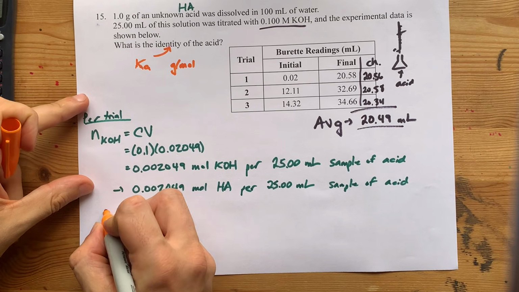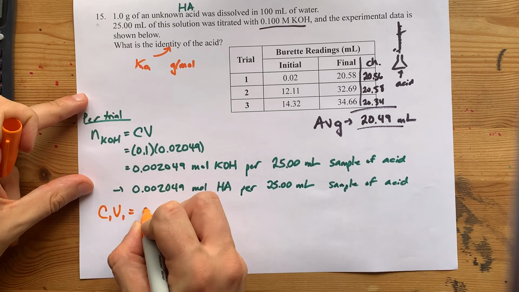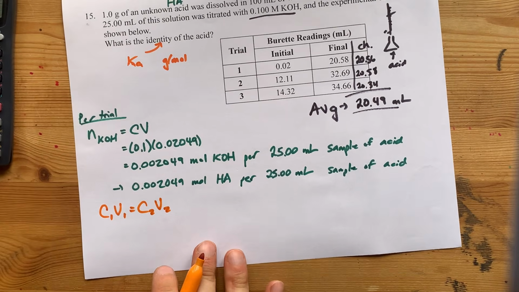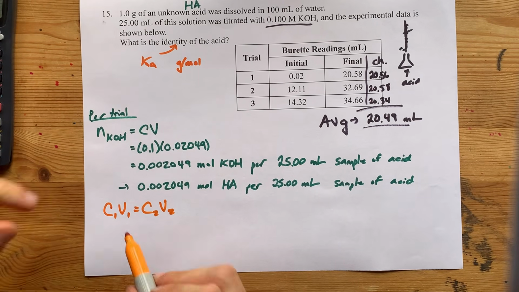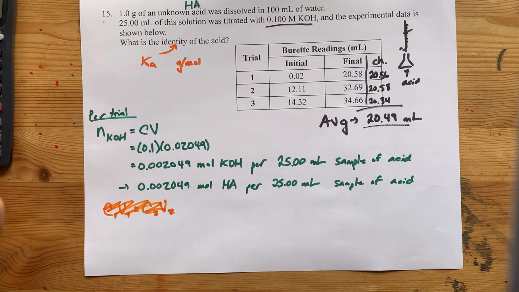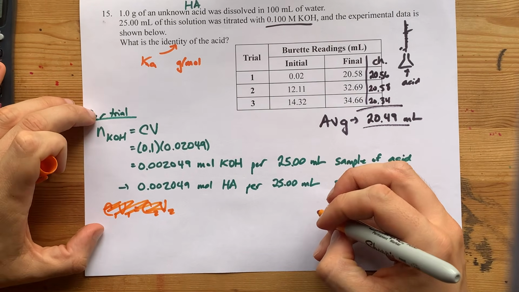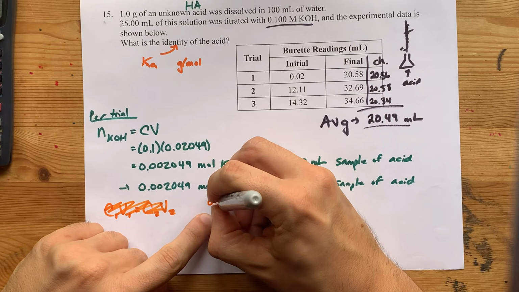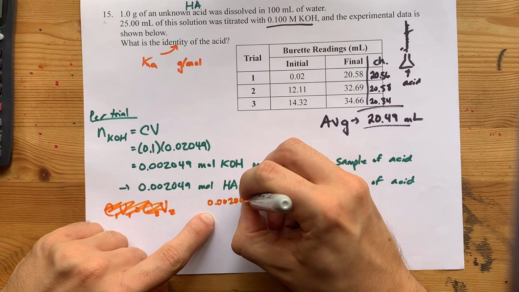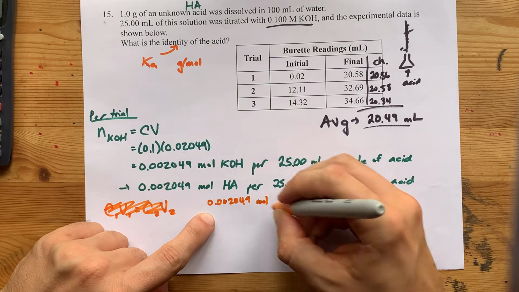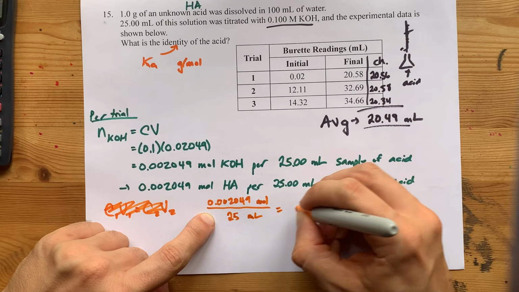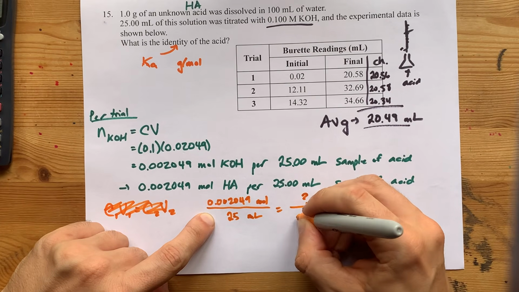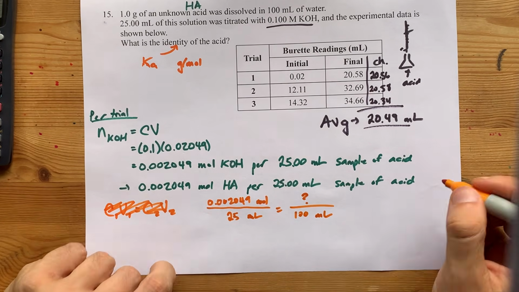Now you can use the dilution equation for that, C1V1 equals C2V2, which I'm sure you've heard of. Now I don't actually have concentrations the same way, so it might be unintuitive. What matters to me is that if I have 0.002049 moles for every 25 milliliters, how many moles did I have per 100 milliliters?